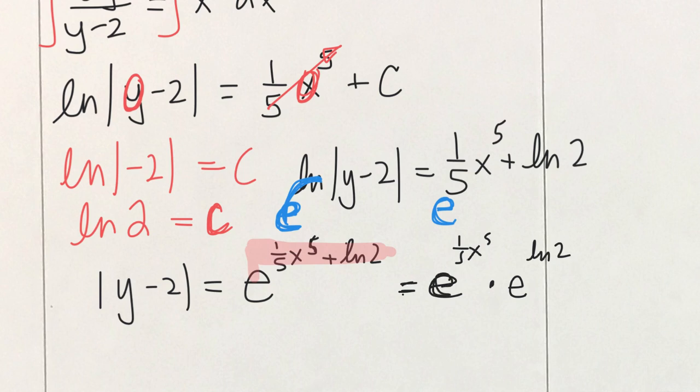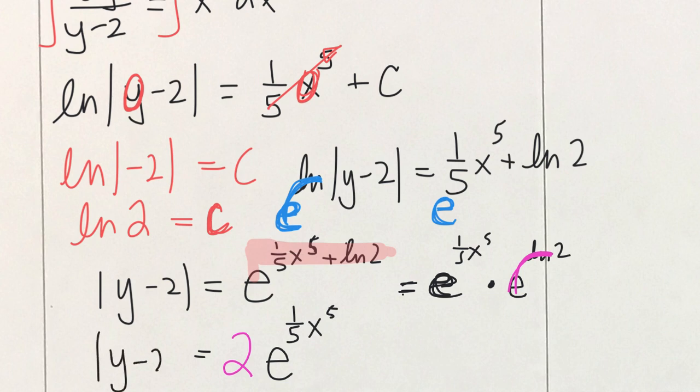Two bases are multiplied together when the exponent is added. And that's pretty wonderful, because e raised to the natural log is an identity, so it gives us a 2. So 2 e to the 1/5 x to the 5th equals the absolute value of y minus 2.